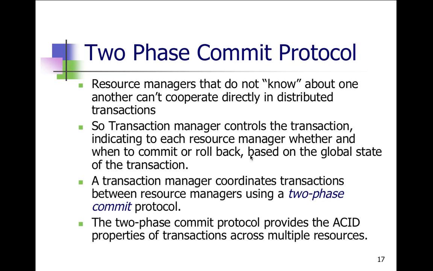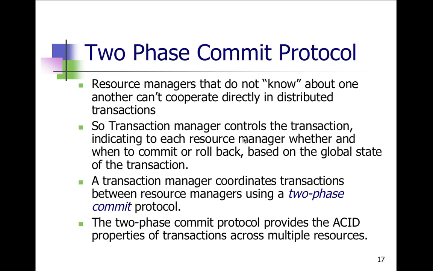And it's based on a global state of the transaction. So if you keep the global state into consideration, you can manage all of the smaller parts of the transaction. Transaction manager coordinates the transactions between the resource managers using what's called the two-phase commit protocol. And two-phase commit protocol provides the ACID properties of the transaction across multiple resources.